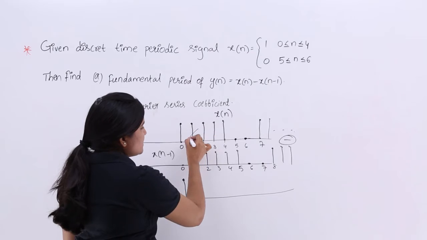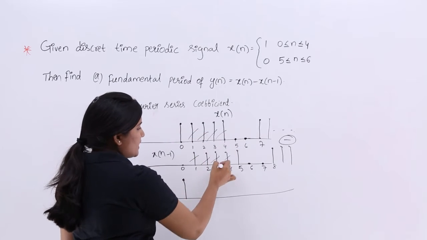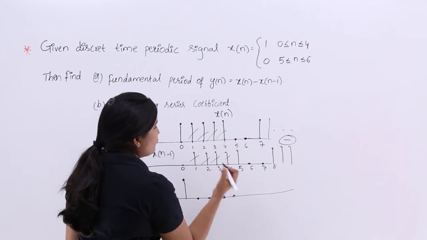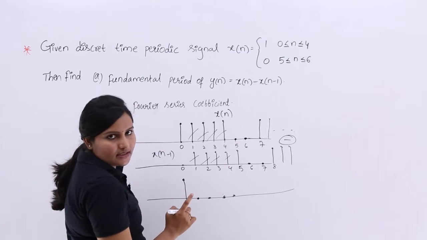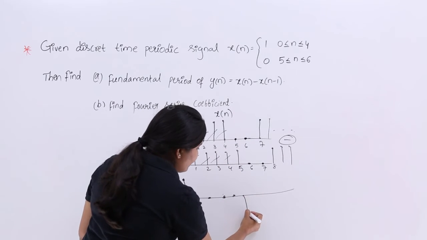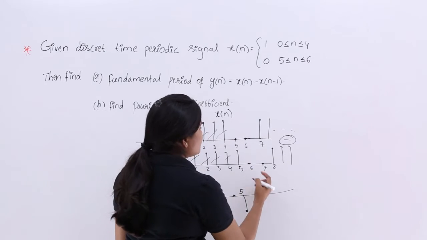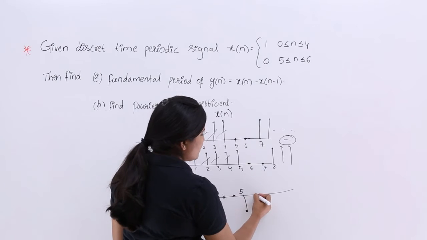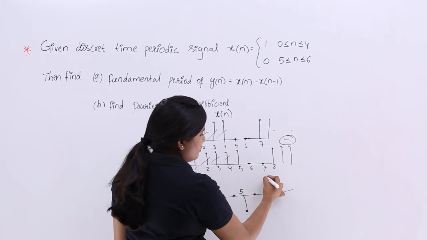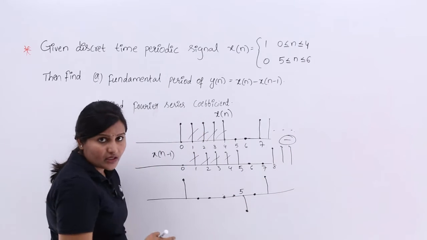From here onwards the samples cancel, 1 minus 1 is 0, 1 minus 1 is 0, like this, you get zeros at 1, 2, 3, 4. At the fifth place, 0 minus 1 becomes minus 1. At 6, 0 minus 0 takes place, and at 7, 1 minus 0 you get 1, and from 8 onwards again 0.